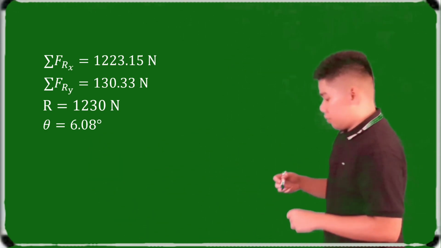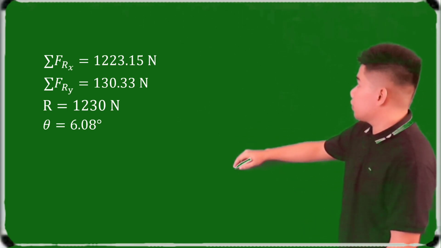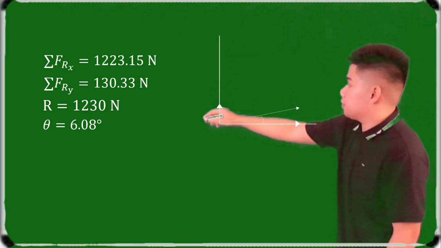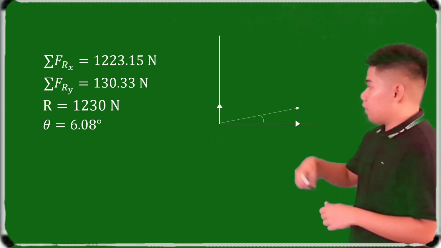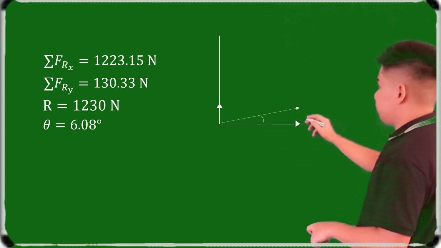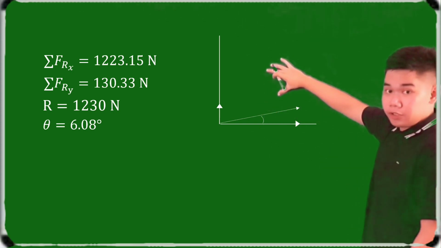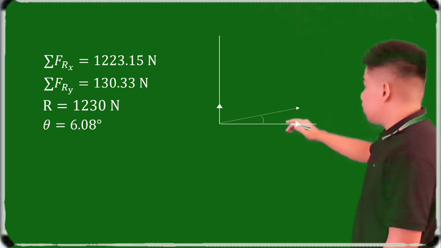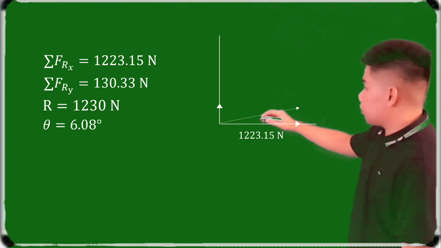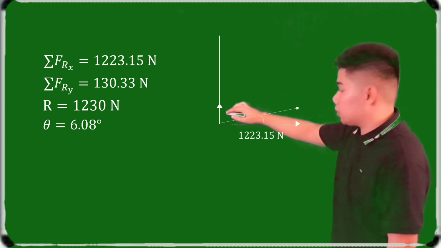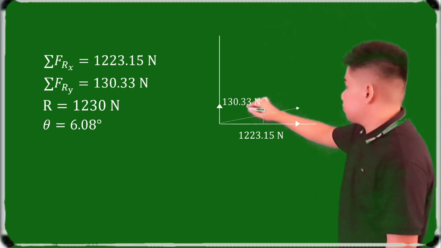We're going to draw our graph, our coordinates, which is our y-axis and our x-axis. We have our force of X, which is positive, so we're going to draw it in the first quadrant. We have 1,223.15 Newton, and our summation of forces Y, which is 130.33 Newton.